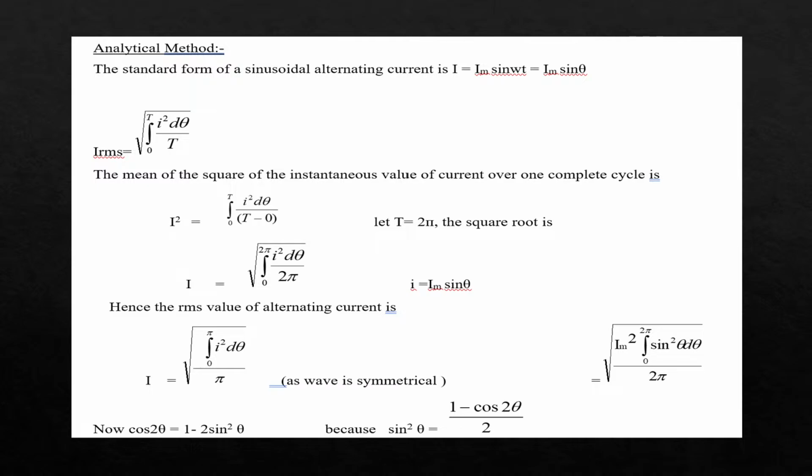So I RMS becomes the square root of the integral from 0 to 2 pi of I square, where we have just substituted T with 2 pi. Then I equals I m sin theta, so we can substitute I m sin theta.